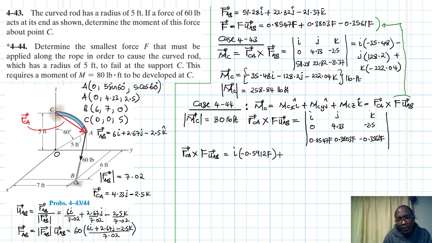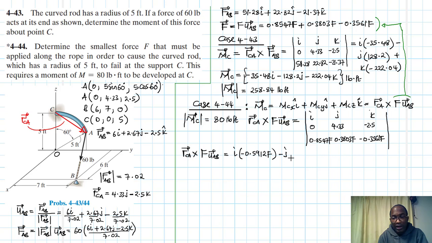Okay, minus J, let me just multiply it again, 4.33 times minus 0.3561 minus 2.5 times 0.3803. Okay, 0.5912.